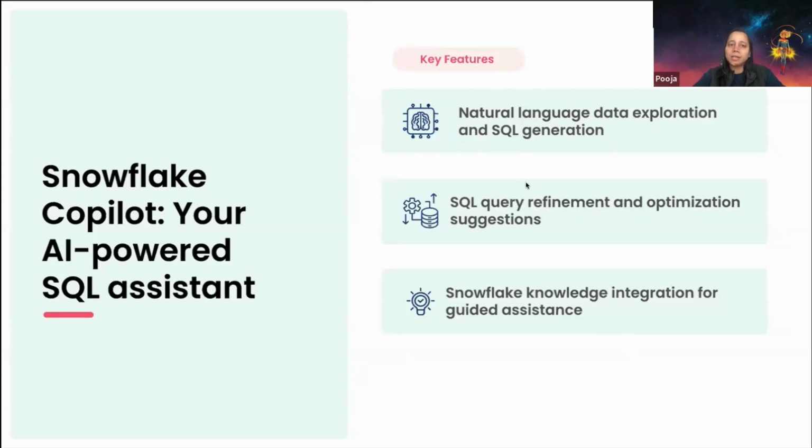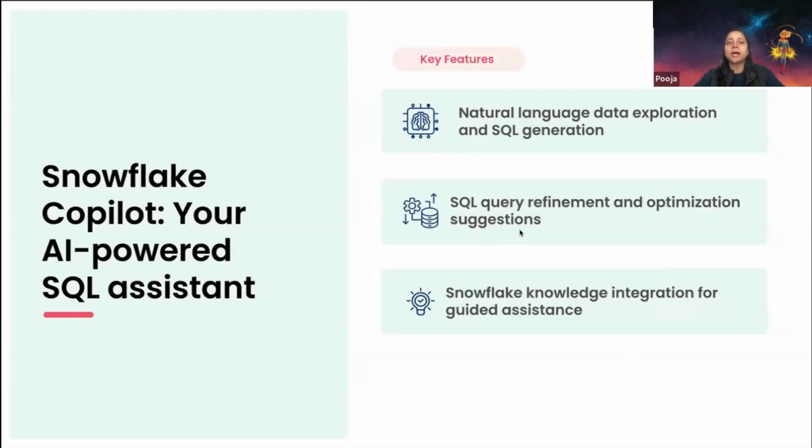Along with that, it also helps to generate SQL queries. We can simply ask a question, select what data set, what database and schema we want to use, and it reads through the metadata of the table and can generate a text which would give us a better understanding.